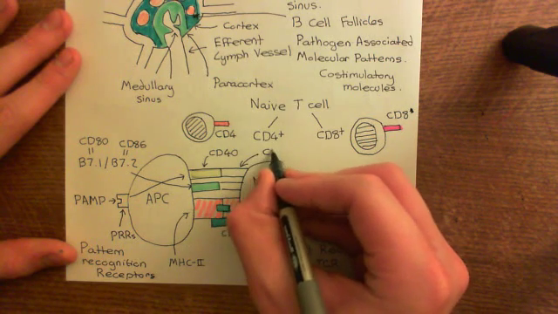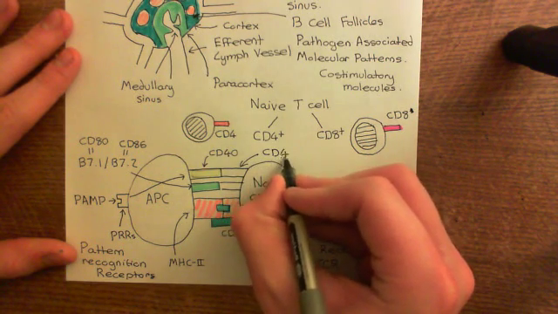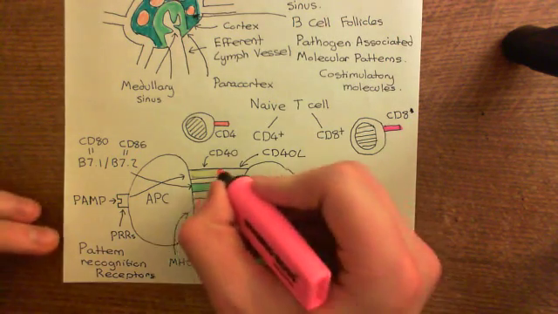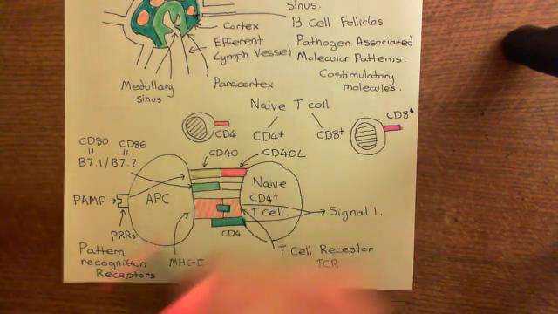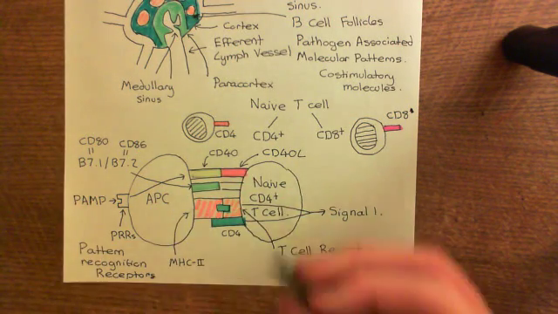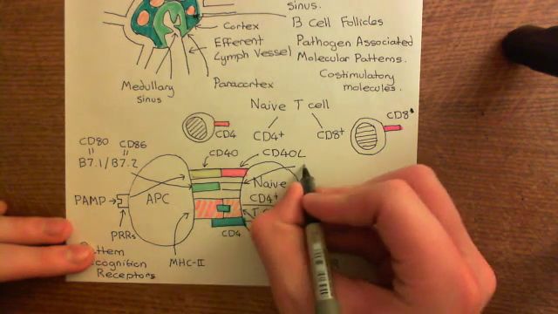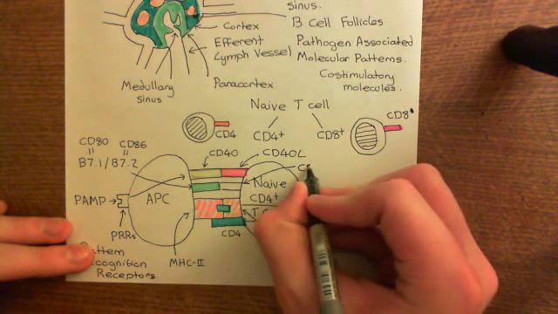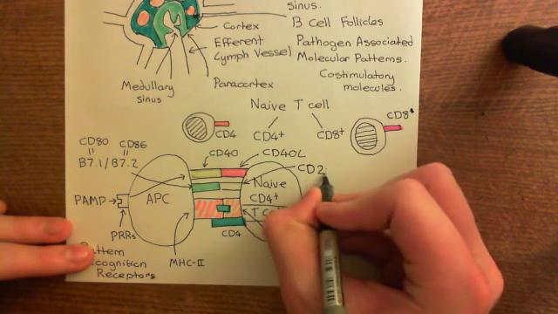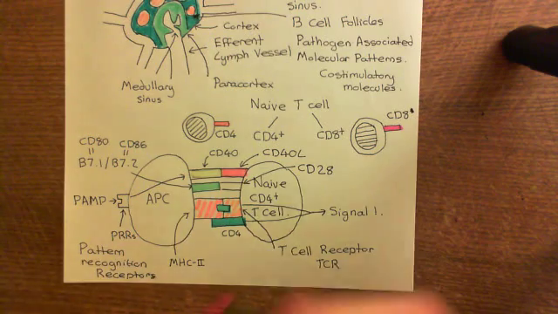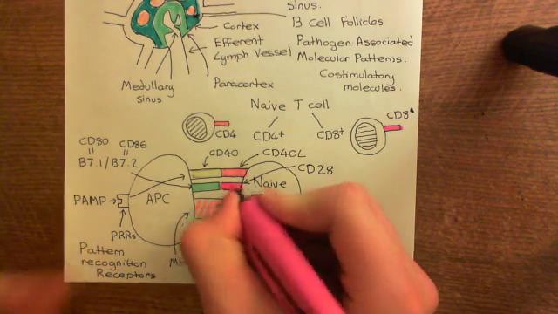The receptors on the surface are CD40 ligand, or CD40L, is the molecule to which CD40 is going to bind, so let's have this in pink here, okay, and CD28 is the protein on the surface of the naive CD4 positive T cell that either B7.1 or B7.2 is going to bind to, and we'll have this in vivid purple.